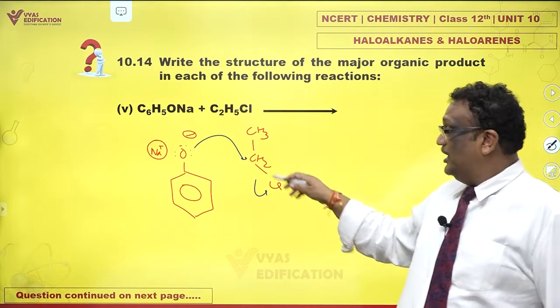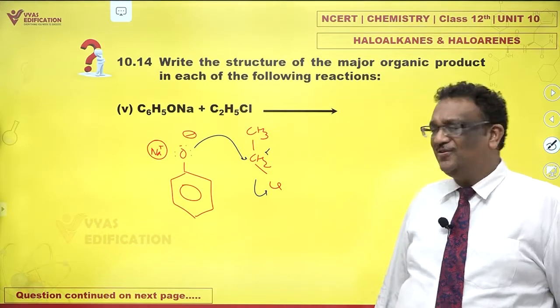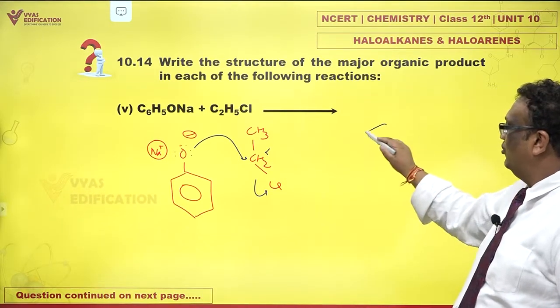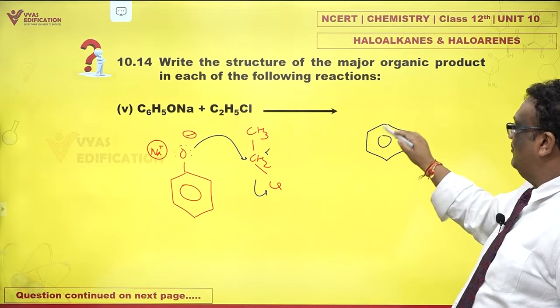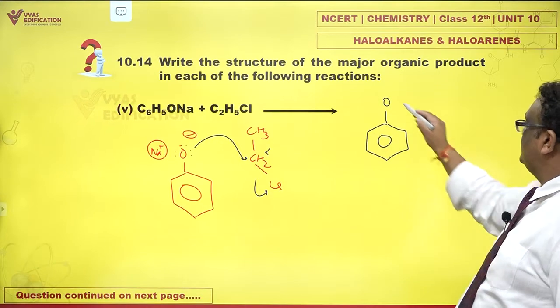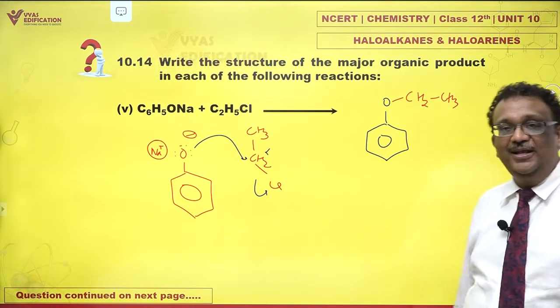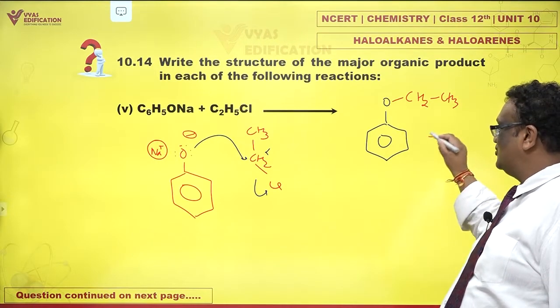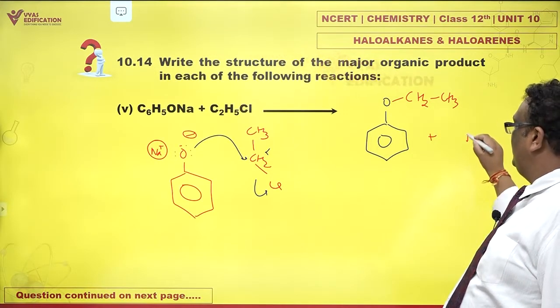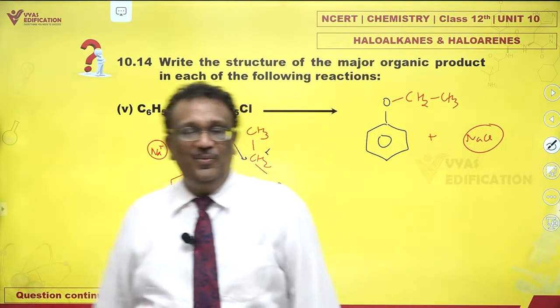Whichever carbon to which halogen has been attached is the alpha carbon, and that is the site of reaction. What do I get? It seems I am in for an ether. I get C6H5OEt plus, of course, Cl minus goes away. You have NaCl, which you can use for cooking food.